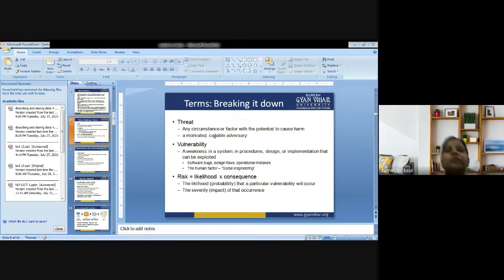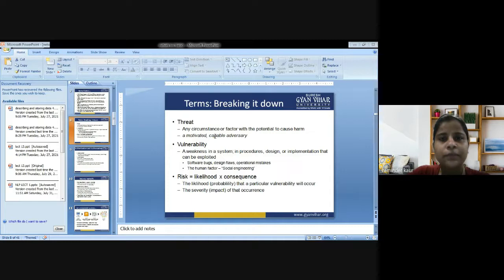Next, there are certain terms that are associated with network security. Threat and vulnerability both go hand in hand.